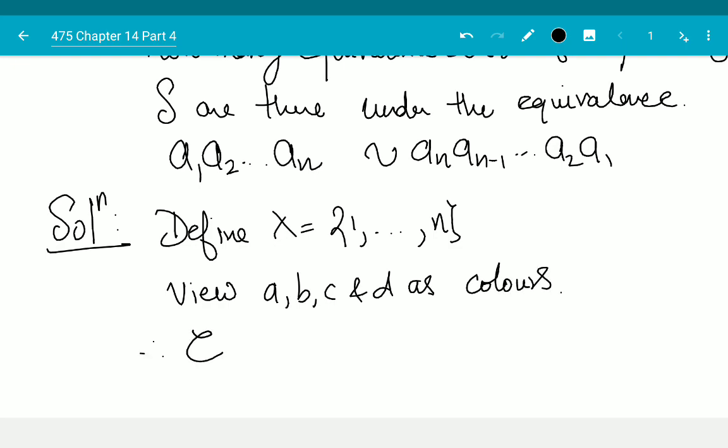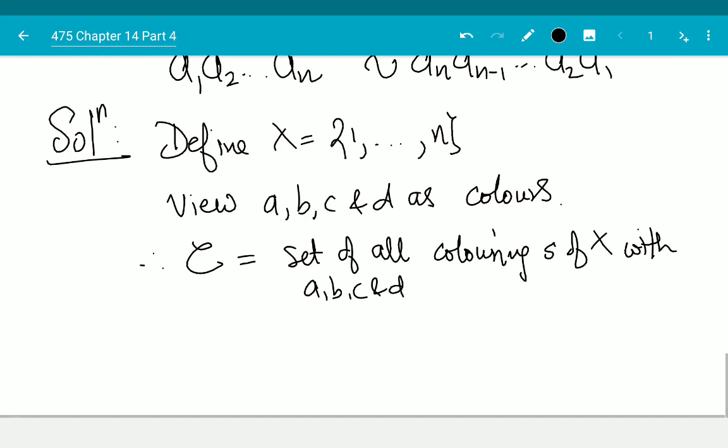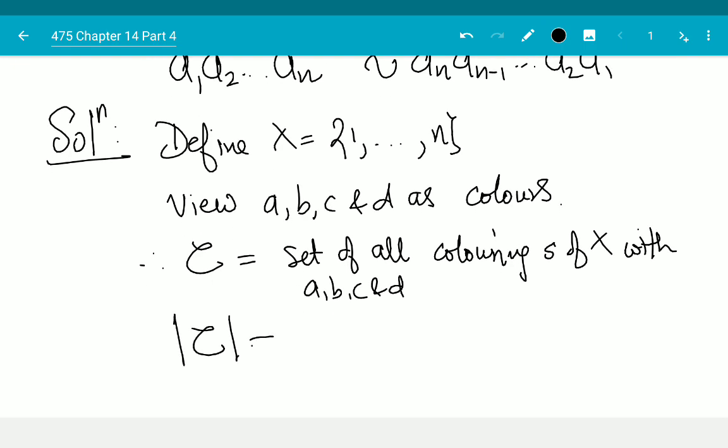Therefore, C is equal to the set of all colorings of X with A, B, C, and D, and the order of C is equal to 4 to the n.